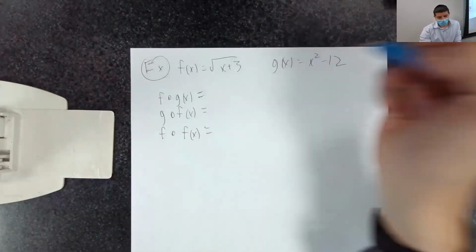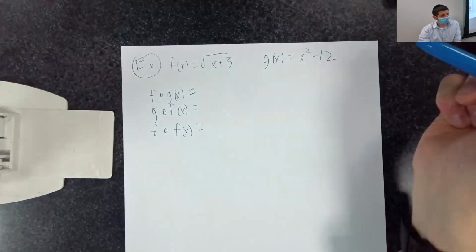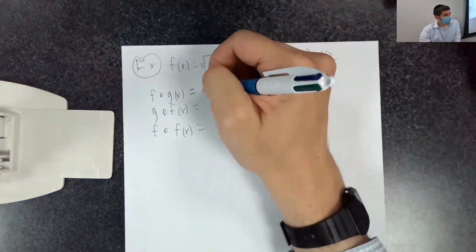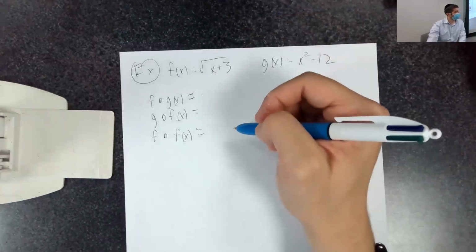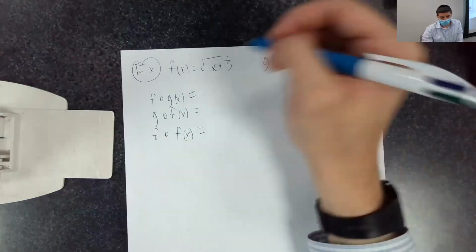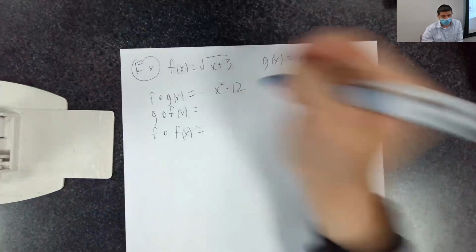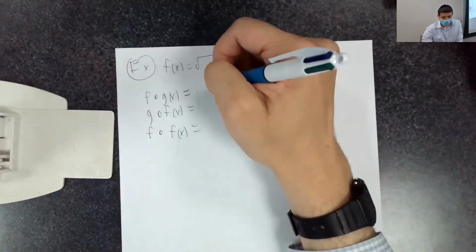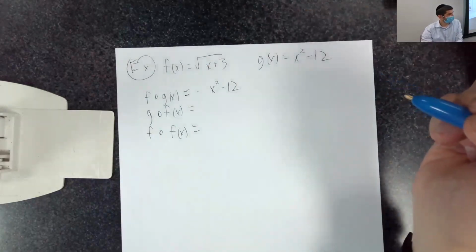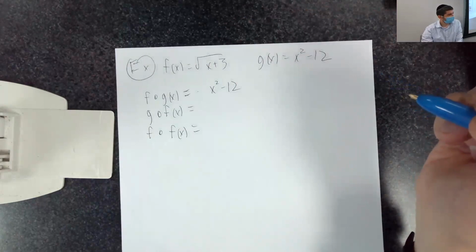Hey, maybe as a class, we could all do it. What's f of g? What do we write? Anyone want to shout it out? Oh, go ahead. I put x squared minus 12 under the radical. And then I added 3. Is the 3 under the radical or outside the radical?